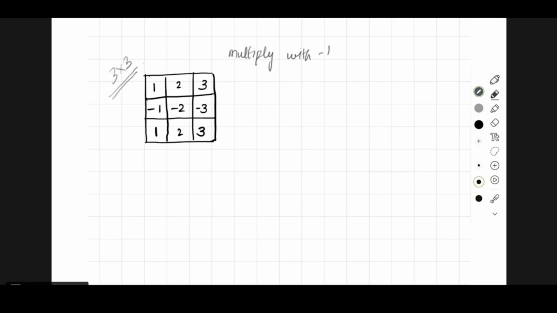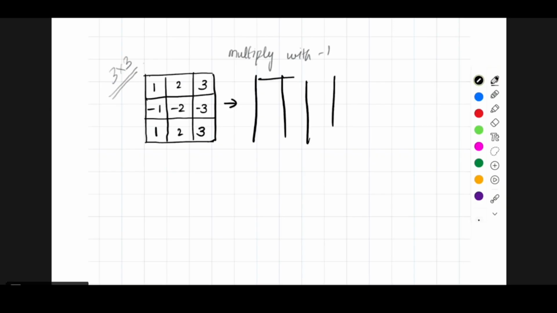So initially I thought, okay, I will multiply these two. If I multiply these two adjacent elements by -1, what will my matrix be like? My matrix will be 1 2 3, 1 2 -3, 1 2 3.